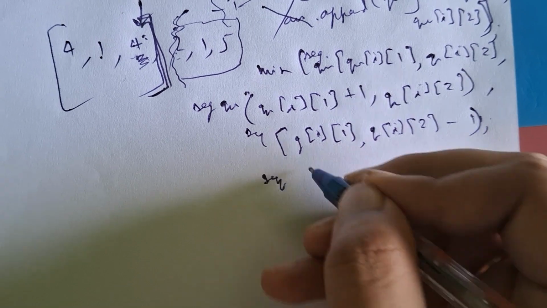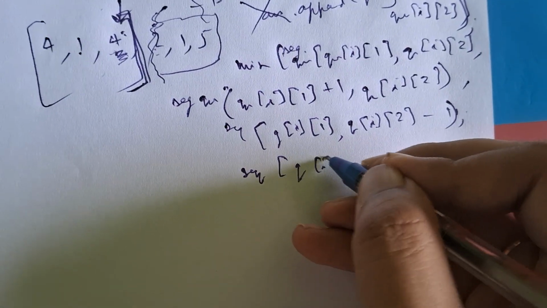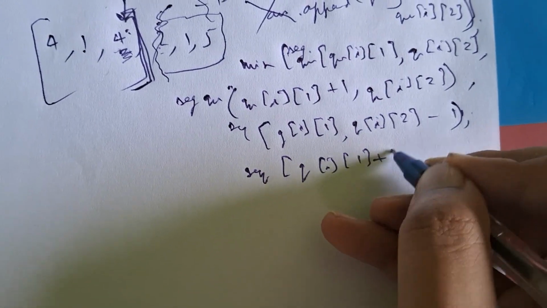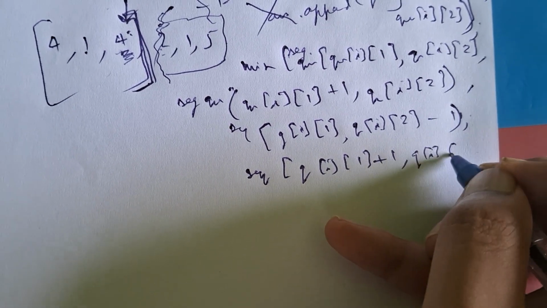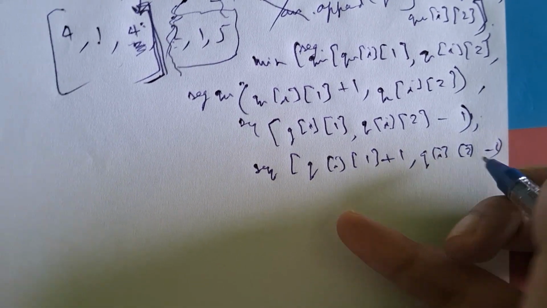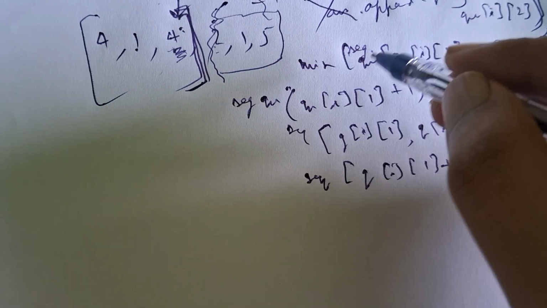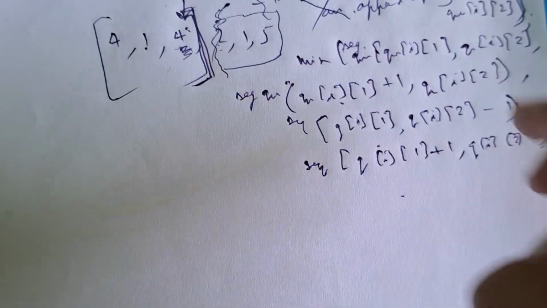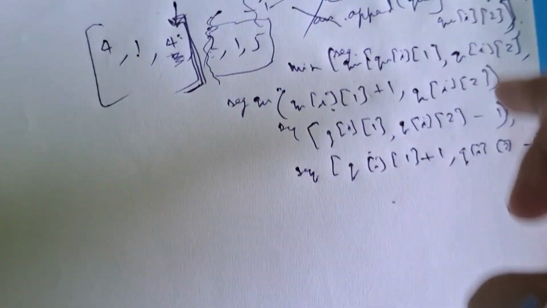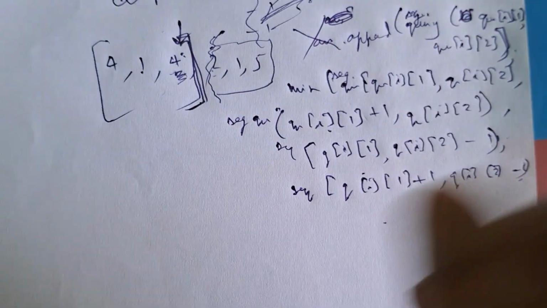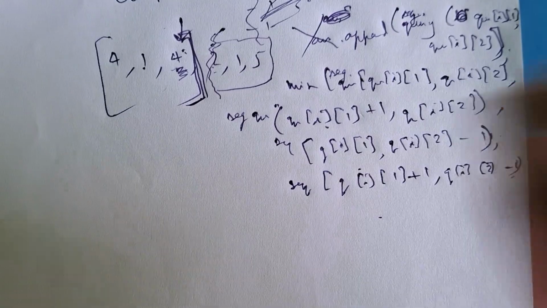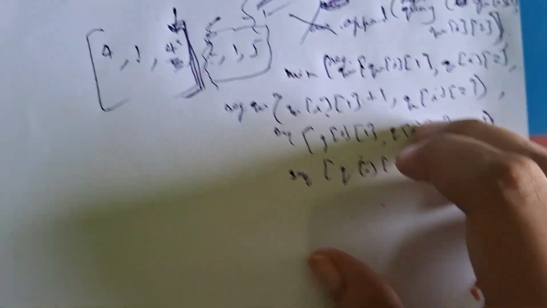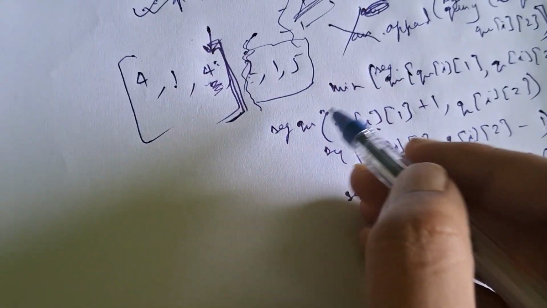And segment query of queries I1 plus 1 and I2 minus 1. So we have to find the minimum of all these four. And remember one thing, if implementing plus 1 or minus 1 makes it go out of bounds for the array, we don't need to consider it. Very simple. So why are we going to do this?